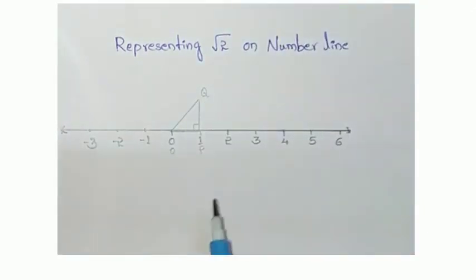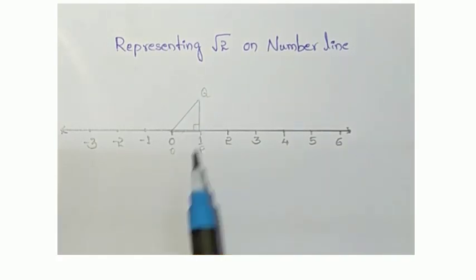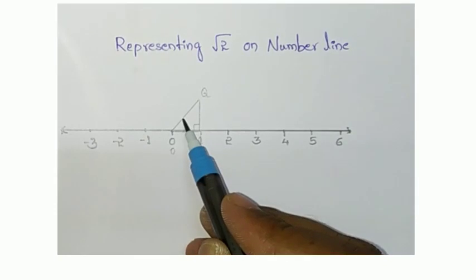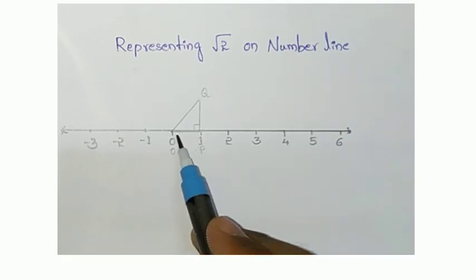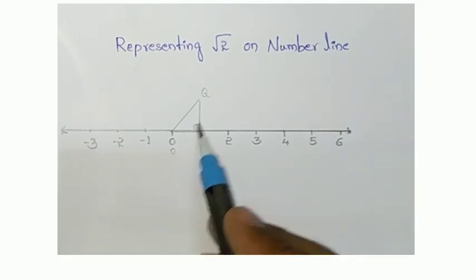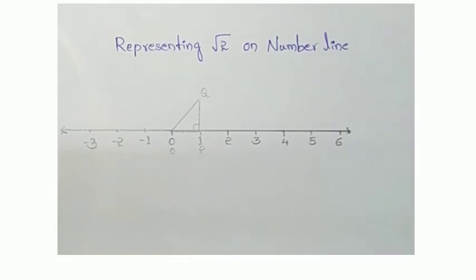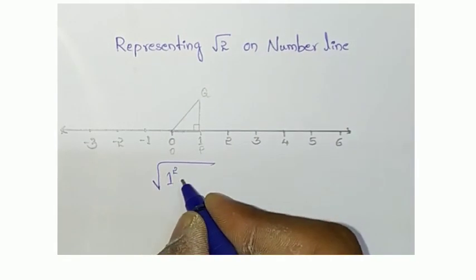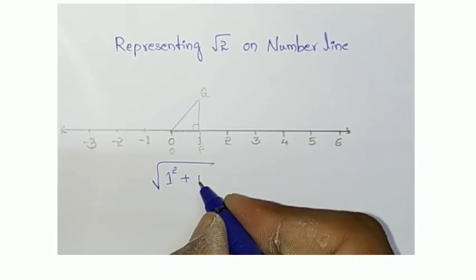Now apply the Pythagoras theorem in triangle OPQ. Opposite to the 90 degree angle is our hypotenuse. What is this hypotenuse? The square of the hypotenuse is the sum of the squares of the two sides. So OP square is 1 square, plus PQ square, that is also 1 square.